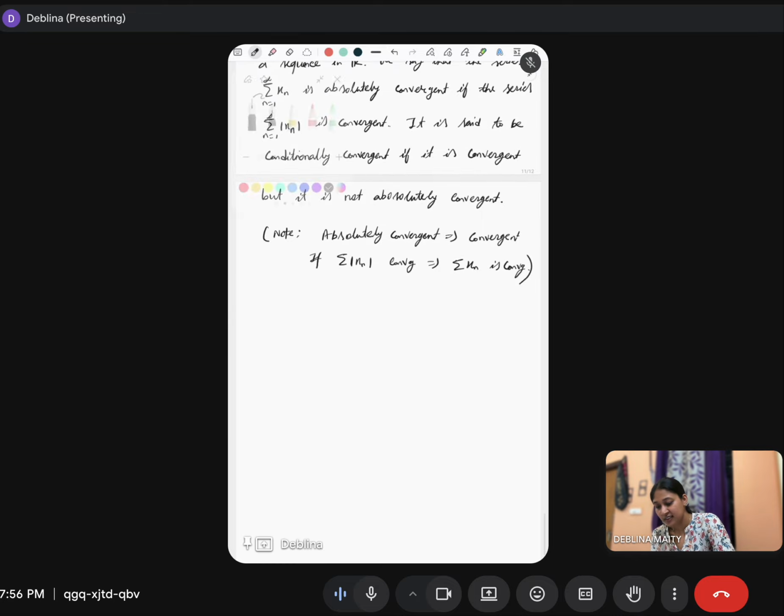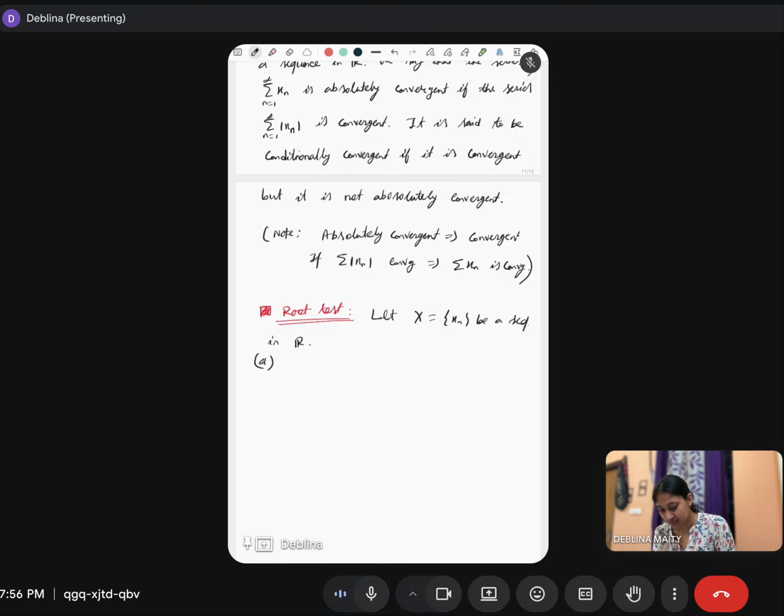So the first test is the root test. So let X be this sequence in R, right?